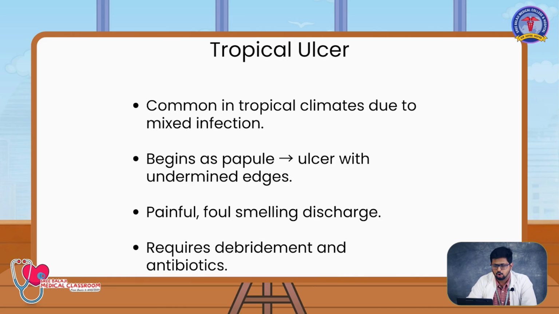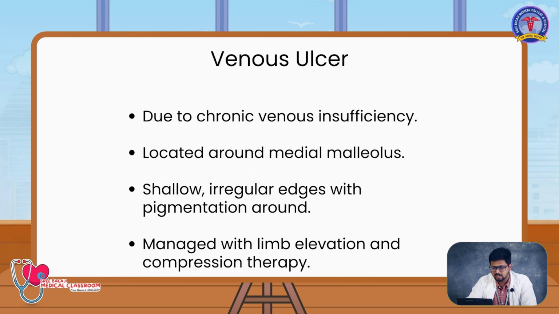Tropical ulcer is common in tropical climates due to mixed infections. It begins as a papule and ulcerates with undermined edges. It is painful with foul smelling discharge, and requires proper wound debridement and antibiotic coverage.